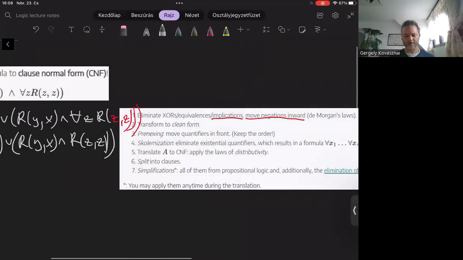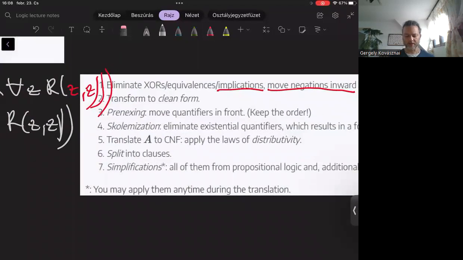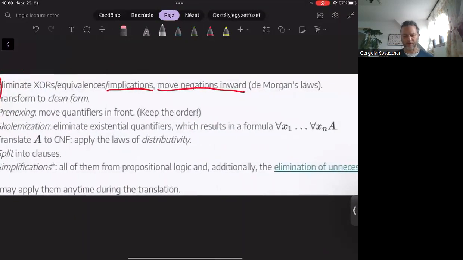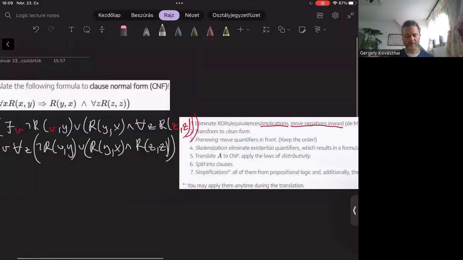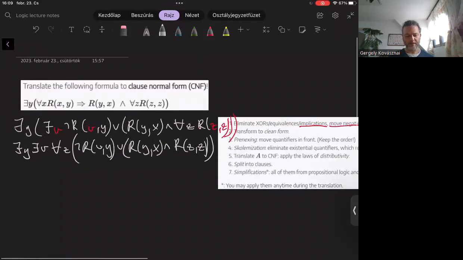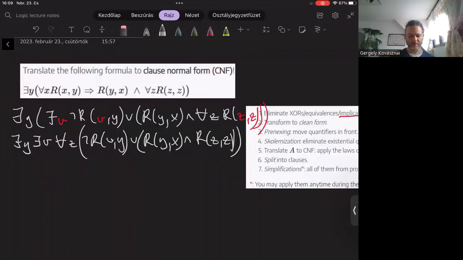Okay, step four, Skolemization. You know what it means. We eliminate the existential quantifiers, so finally we will get a formula which contains only universal quantifiers. Let's remove the first one. This quantifier is located at the very beginning of the formula. This means we can substitute y with a new Skolem constant.